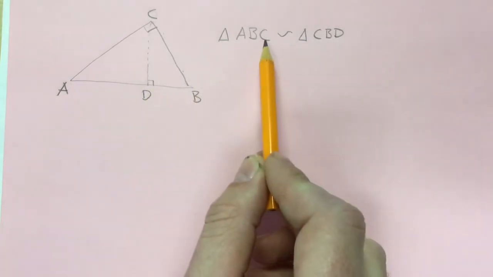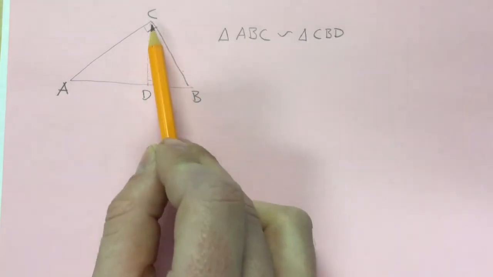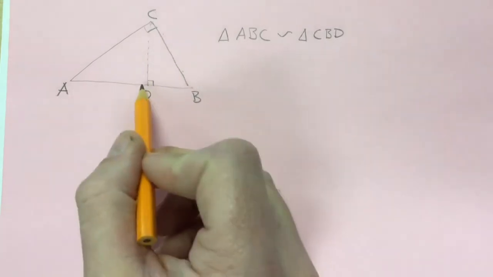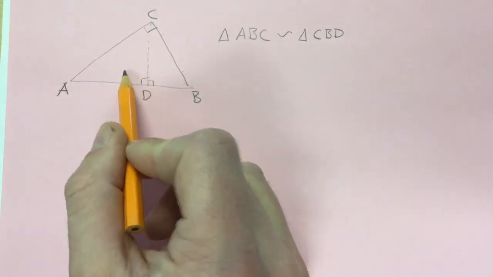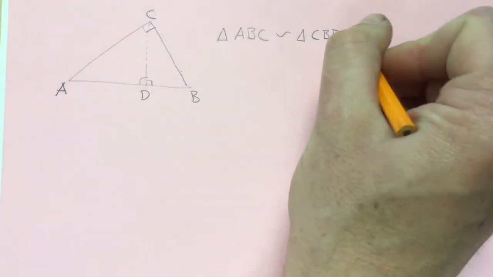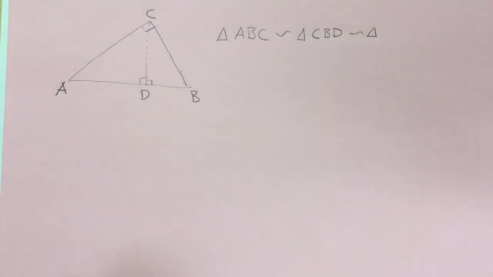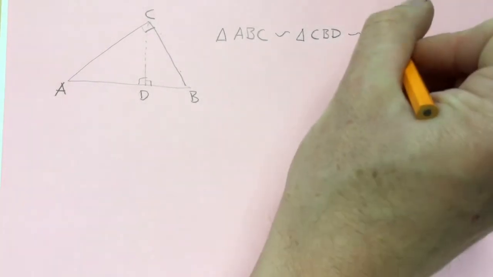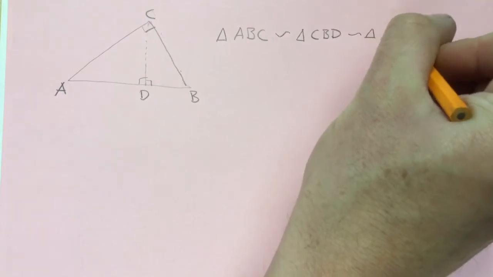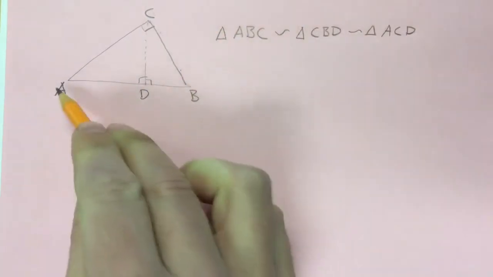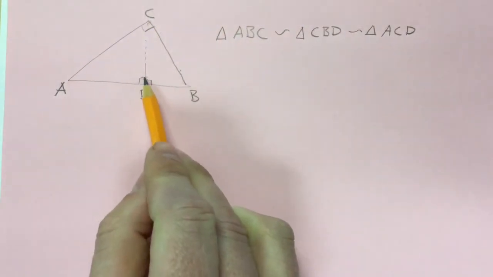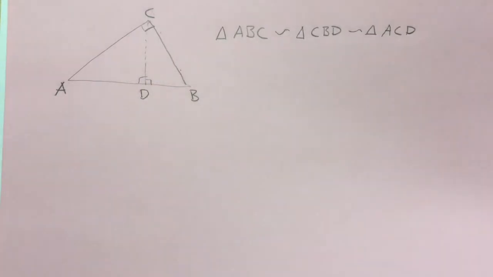And I know that that matches up with C in ABC, which was the right triangle. And then the last triangle that I need to name is this one on the left. And it is similar to triangle, and to name this one properly, we would have to name it A, C, D. Again, ending with the right angle.